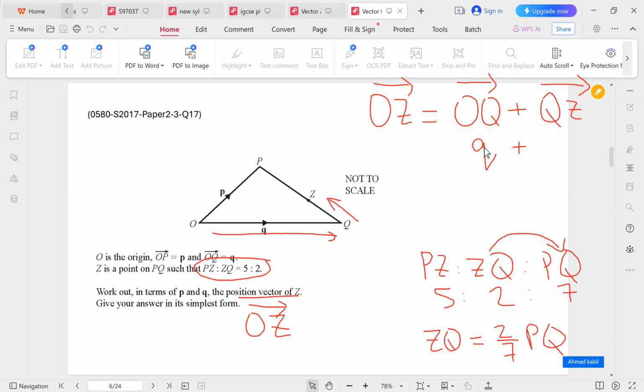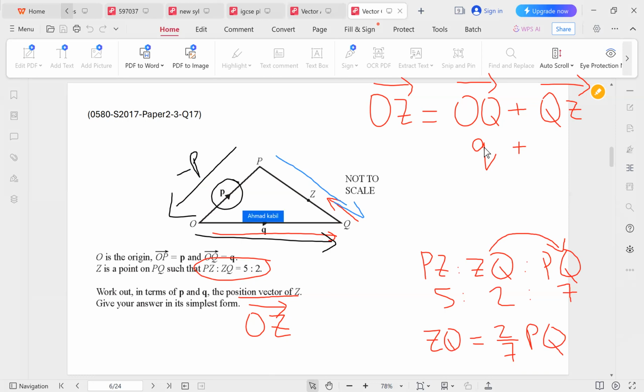Now we need to get the vector PQ. So in order to get vector PQ, we move from P to Q, but we have to take the other path, of course. So we move in this direction, followed by this direction here. So this direction would be negative P because it's opposing P. P is going up, we are going down.